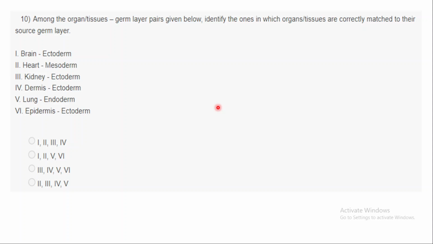Question number 10. Oh, is the question not visible?